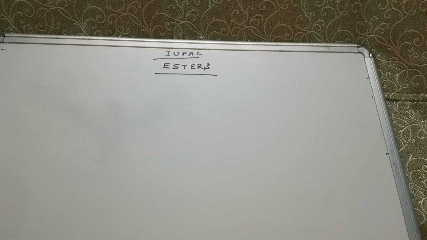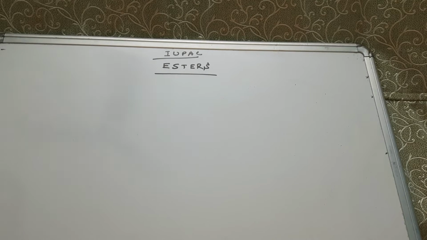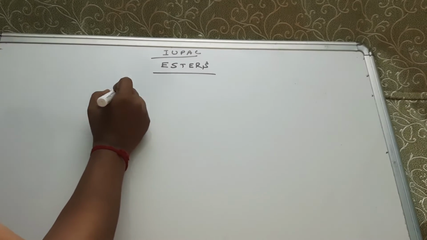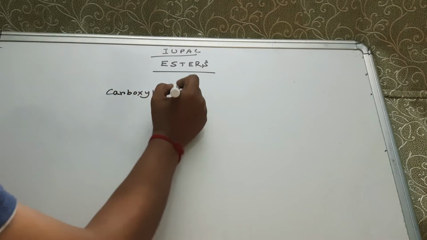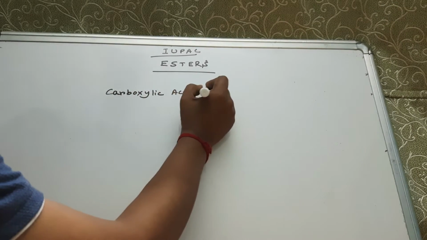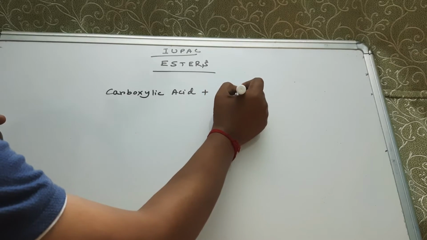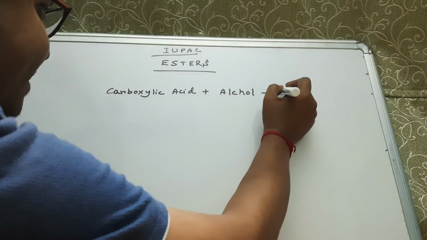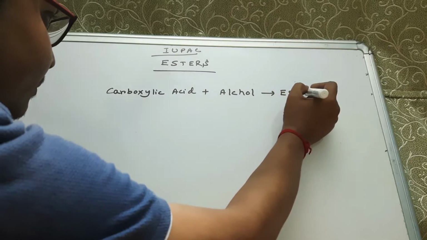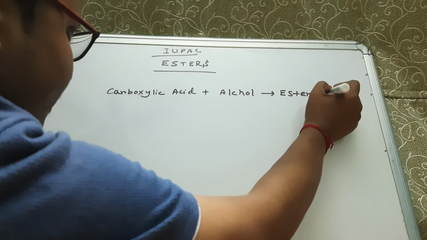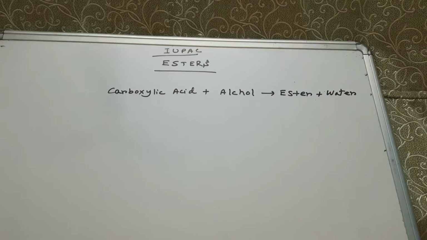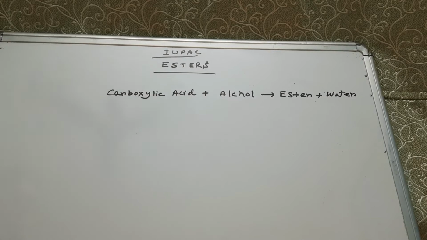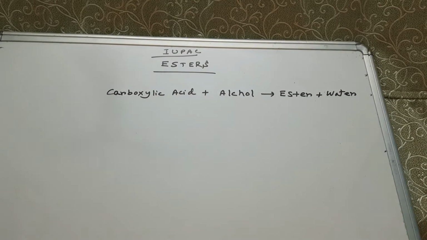So first, how does an ester molecule form? Carboxylic acid plus alcohol gives ester plus water.